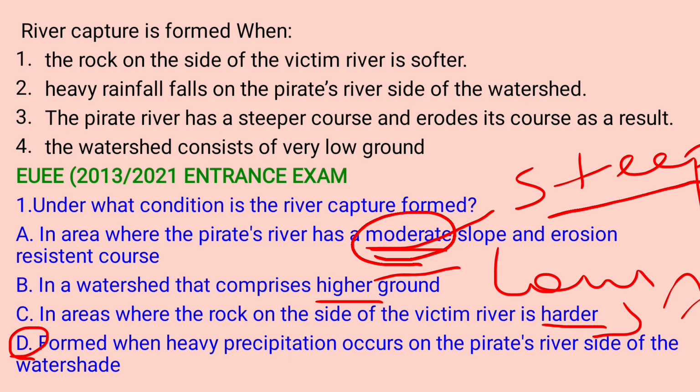C says river capture is formed in areas where the rock on the side of the victim river is harder, not harder, but it is softer. D says river capture was formed when heavy rainfall occurs on the pirate river side of the watershed. Yes, this is right. It is correct. So the answer is D.